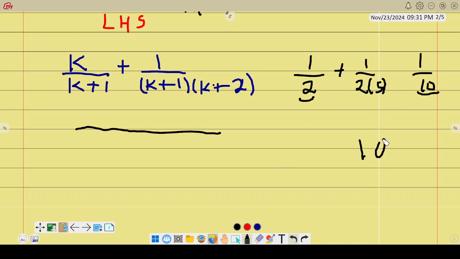The common denominator is 10. Then you say 2 into 10, and you multiply by the numerator. 10 into 10, you multiply by the numerator. This is exactly what we have. The common denominator is this, because k plus 1 can go into that. It simply means it will cancel. We remain with k plus 2.